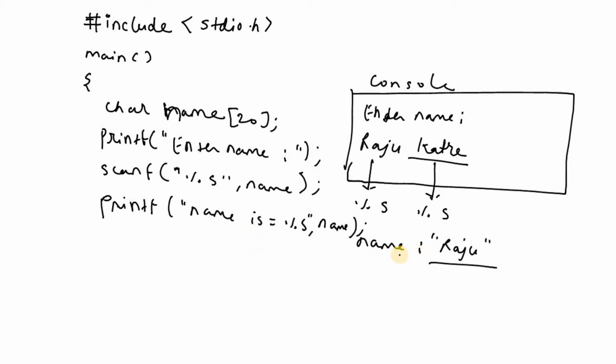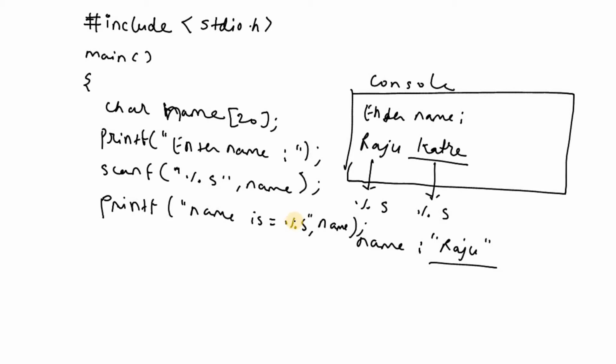Here, Raju. So it will print only Raju on the output screen: Name is Raju. So using %s, we read only single-word strings. Multiple words are impossible to read. One name can contain how many words? Of course, it is not possible.